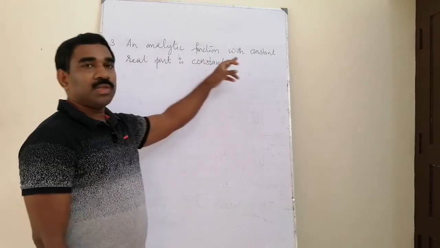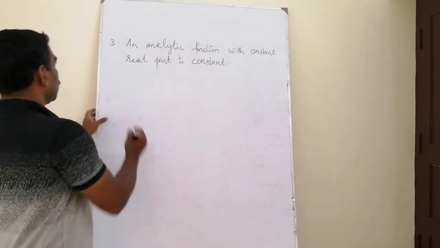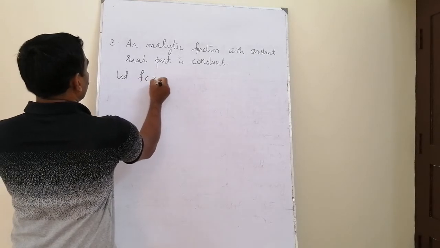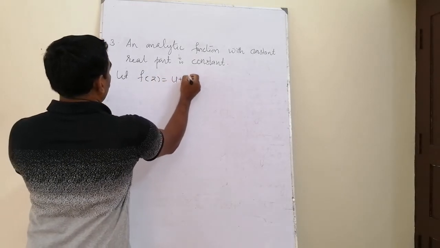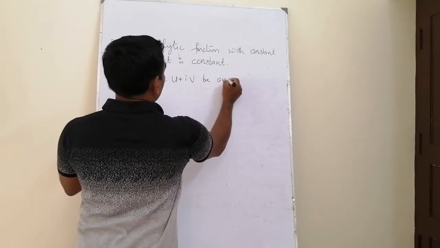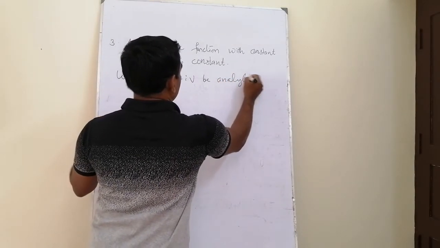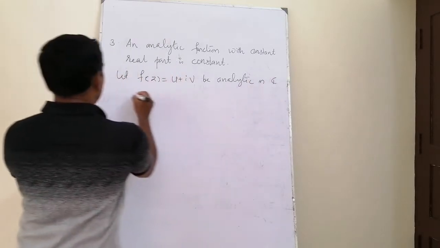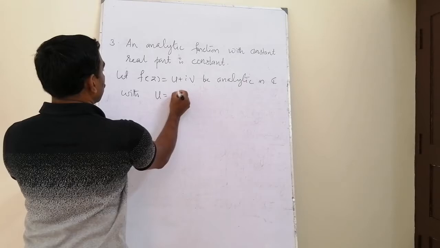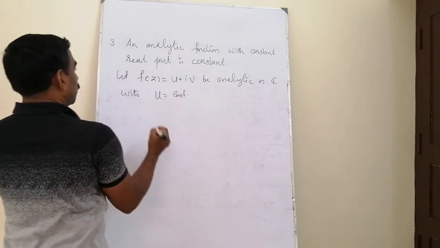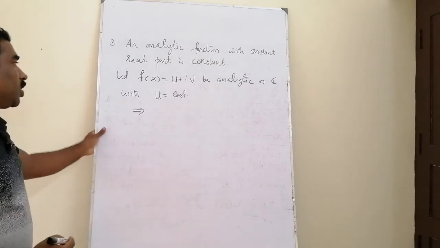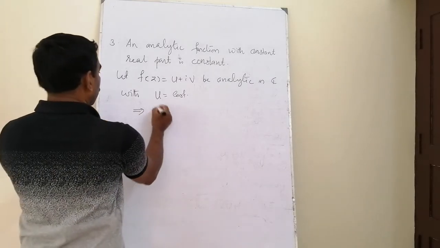Third property, an analytic function with a constant real part is constant. So let f z is equal to u plus iv be analytic in the entire complex plane with its real part constant. Real part constant means u is equal to some constant, so all its partial derivatives with respect to x and y are zero.